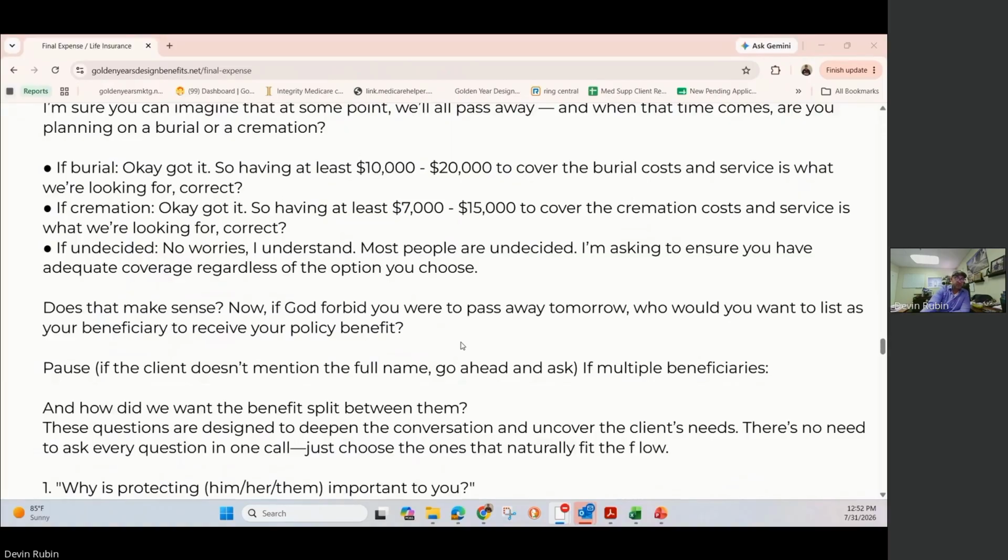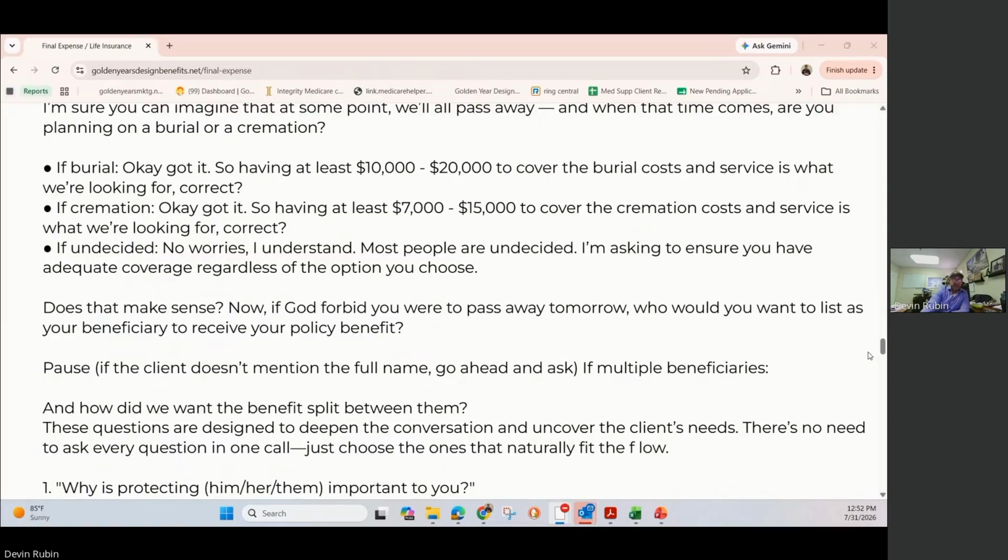So cremation, if they're not going to get buried, would be $7,000 to $15,000. And so developing the quote is going to be based on which way they're going to go in terms of cremation or if they're going to get a full burial with the service.